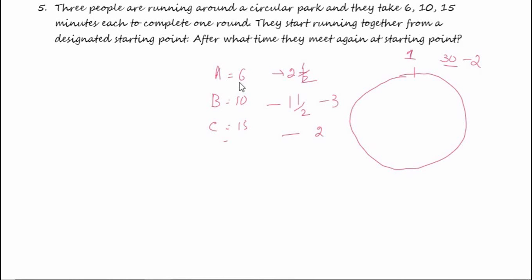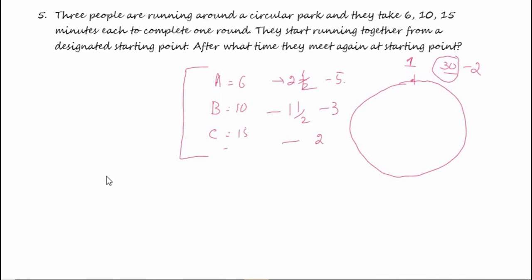A finishes 1 round in 6 minutes, so in 30 minutes he completes 5 rounds. So all of them complete full rounds, that is 2, 3, and 5. So they meet at this point, that is, after 30 minutes, they meet at the starting point.